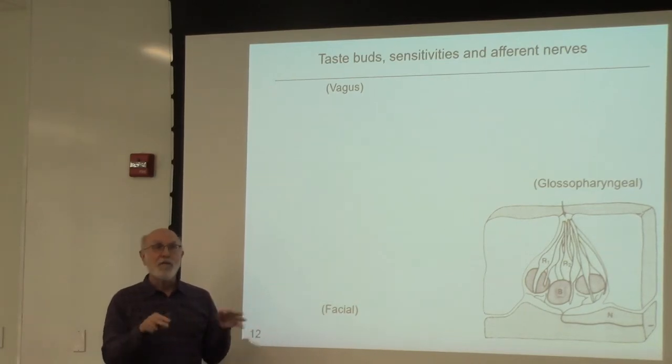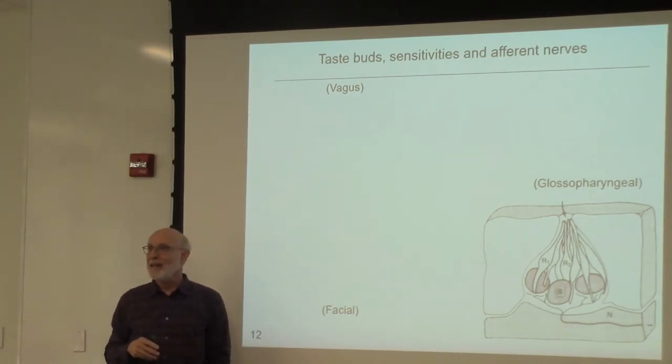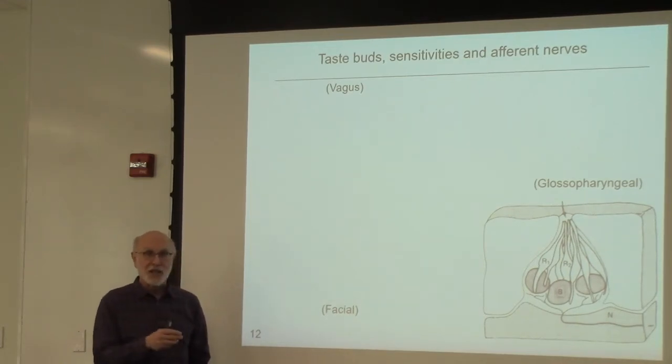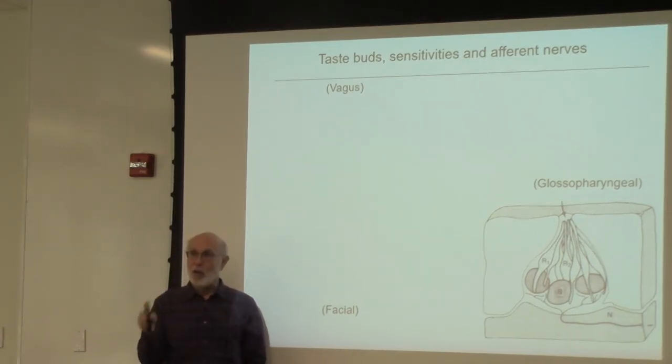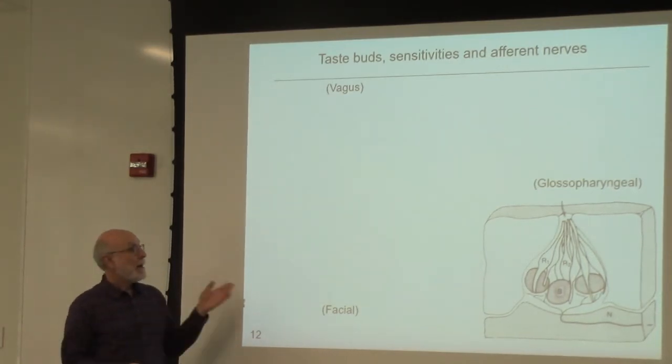There is no olfactory processing in the thalamus. I won't test you on this either, but it's interesting. There's a direct connection between the olfactory bulb and the cortex, whereas in all the other modalities, there's thalamic processing. Why? I don't know. Anyway, taste bud.